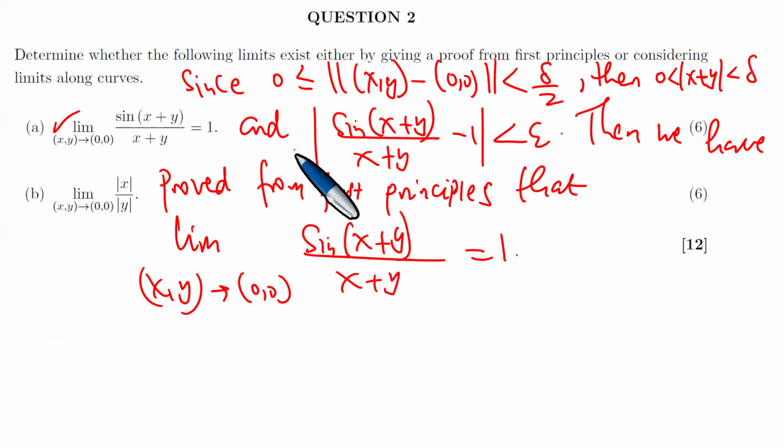And if the modulus of sine x plus y over x plus y minus 1 is less than epsilon, then we have proved from first principles that this limit is 1. Okay, think about it. Let's do the next question.